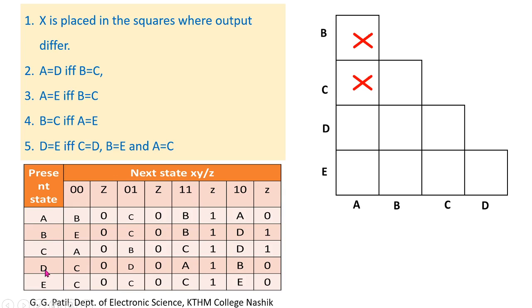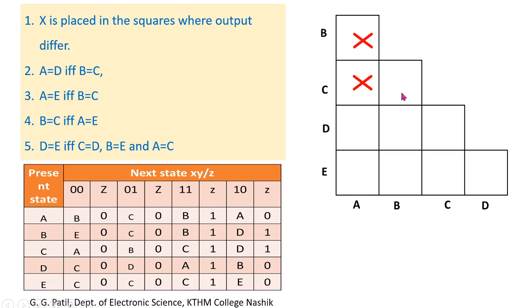In the A and D rows, observe the output: 0 0, 0 0, 1 1, and 0 0. So these states can be equivalent, so leave it for now. Then AE: check the AE output conditions, 0 0, 0 0, 1 1, 0 0. So AE can be equivalent, so remain it as it is, don't place the cross mark there.